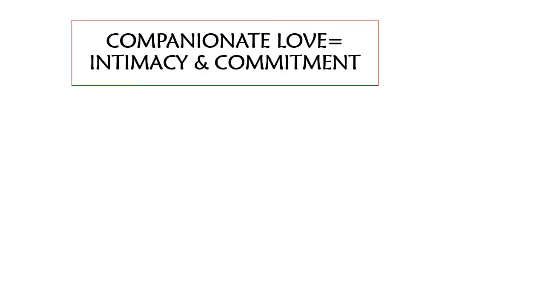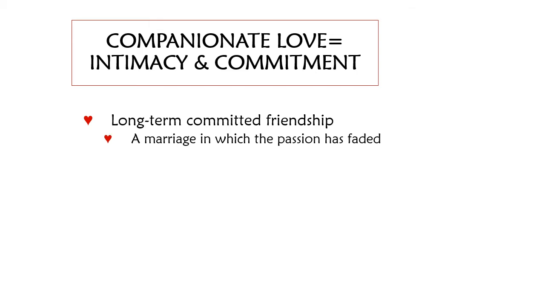The next is companion love, where intimacy and commitment are present, but there's no passion. So this is where you've got your long-term committed friendships, those friends you've had for years, those friends that you are really close to, but of course there's no sexual component there, or there's no passion.